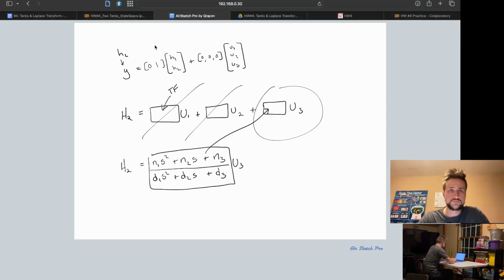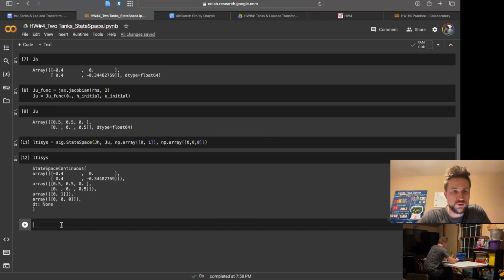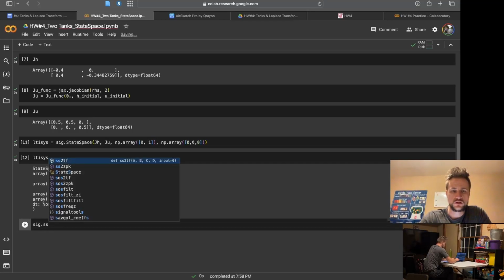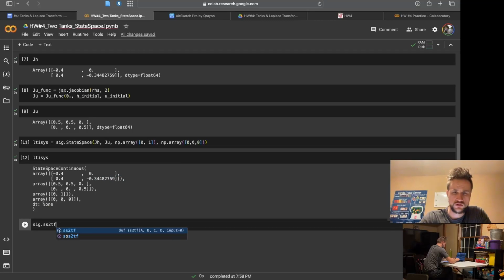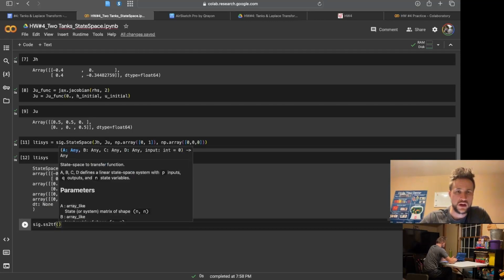All right, so we need to convert our state space into a form that can be used as a transfer function. The tool we're using here is state space to transfer function. This requires our A, B, C, and D matrices, which is everything that we've defined right here.